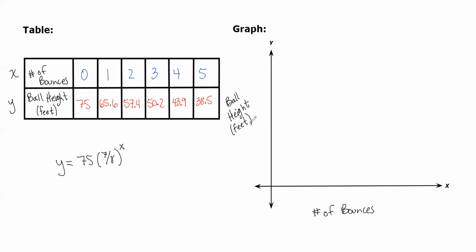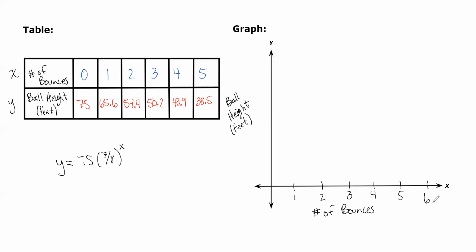So let's label this. We can kind of spread out our x-axis: 1, 2, 3, 4, 5. We'll put the sixth one here just for fun. We're not going to have the number for it.